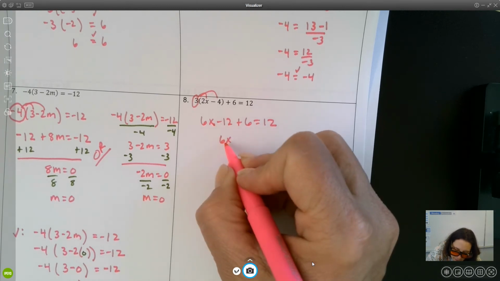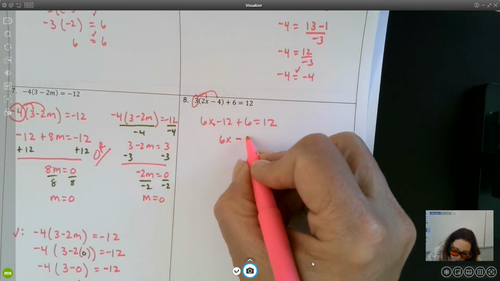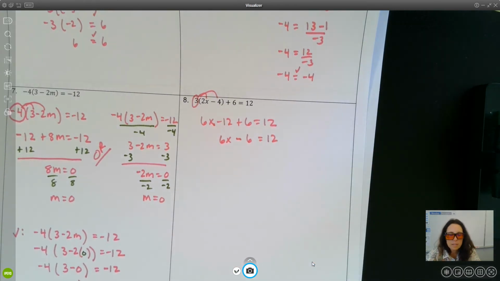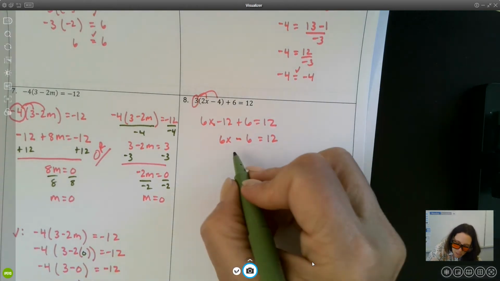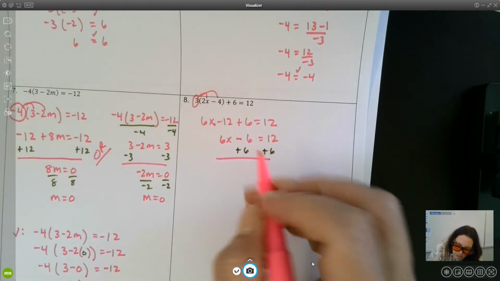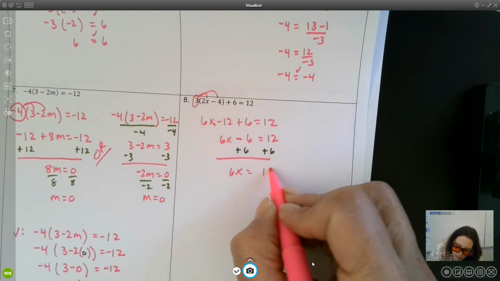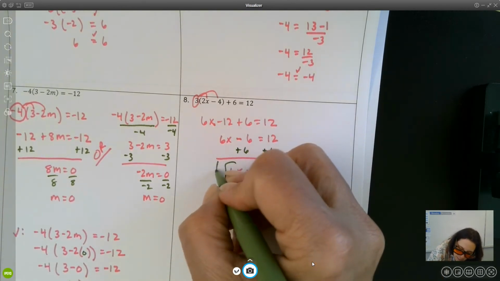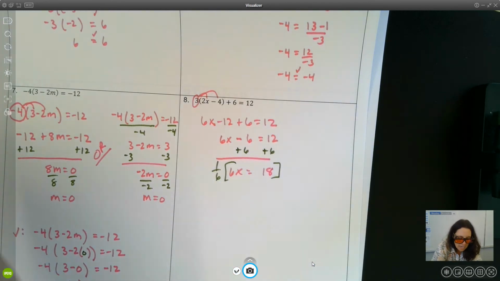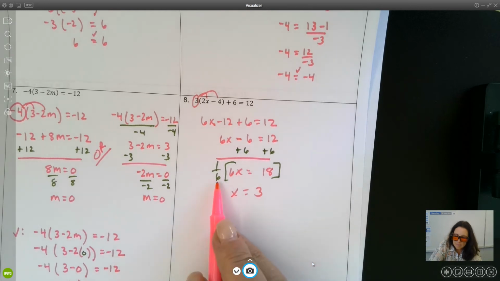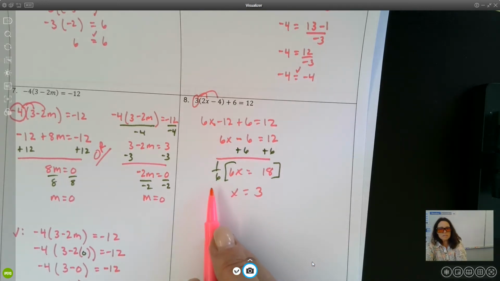So I've got 6x, that would be a minus 6 or a plus a negative 6. Add 6 to both sides. 6x equal 18. Take a sixth or divide by 6. It means the same thing. A sixth of 6x is 1x, and a sixth of 18 is 3.